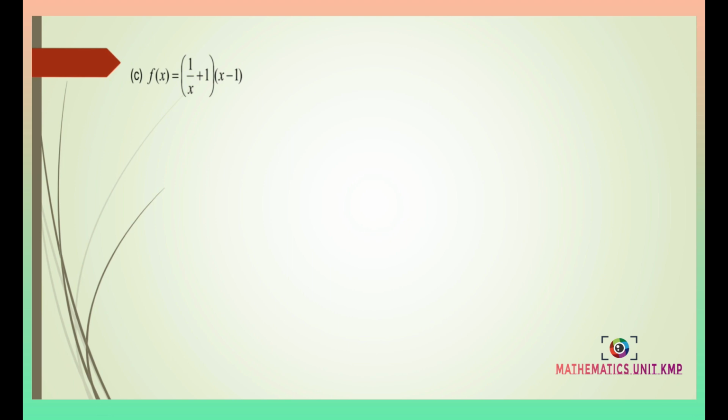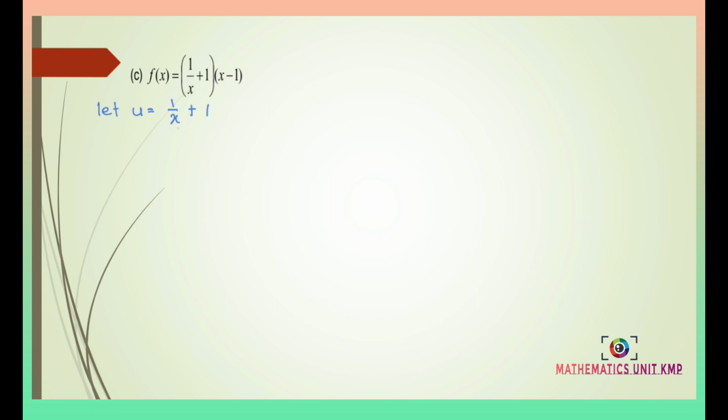Next, this is the final question for the product rule. Given the question f(x) equal (1 over x plus 1) times (x minus 1). Also the same as the previous example. First, we let u be 1 over x plus 1.